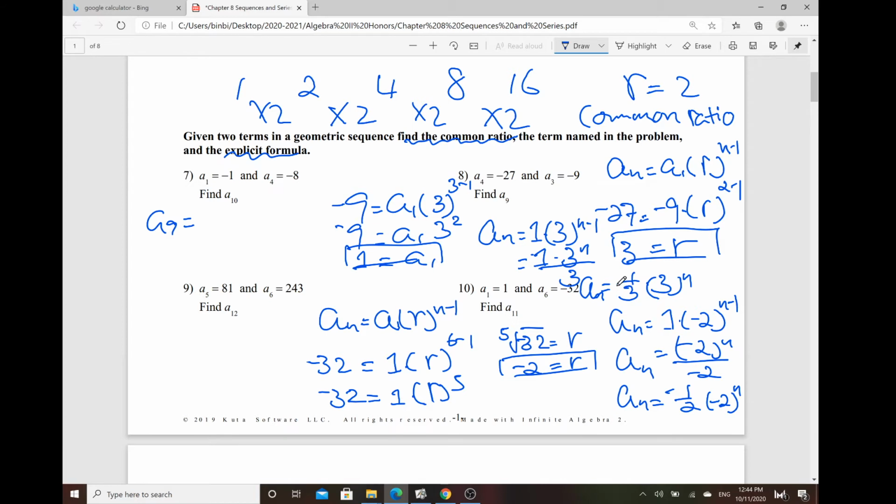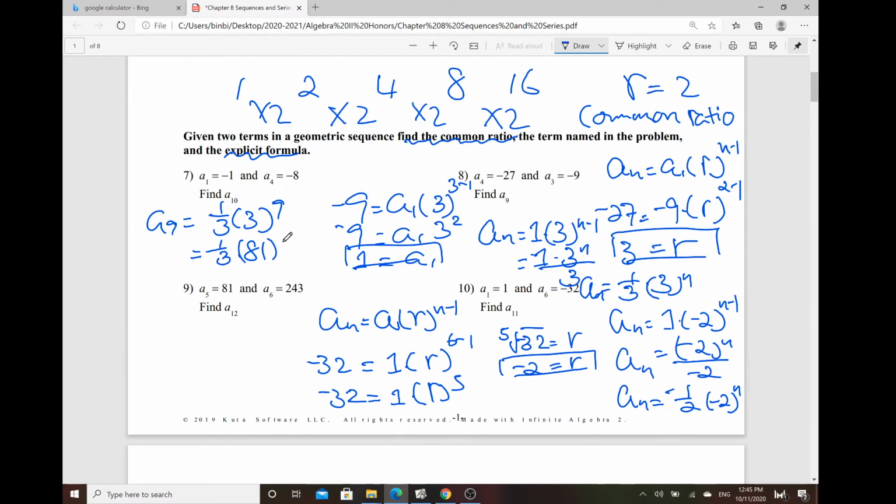For a sub 9, with the explicit formula, we got 1/3 times 3 to the power of 9. That's going to be a big number. 3 to the 3rd power is 81. So 3 to the power of 9 is 3 to the power of 3, times 3 to the power of 3, times 3 to the power of 3, so 81 to the power of 3.